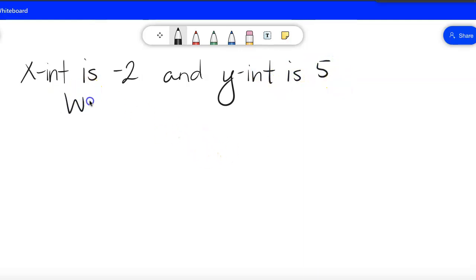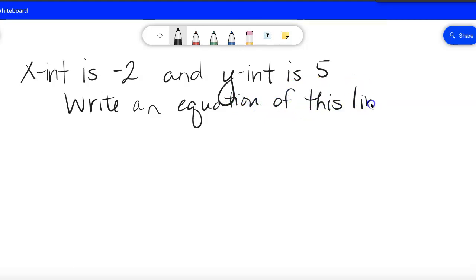Write an equation of this line. In my math lab, they were pretty specific about telling you which form they want, whichever the direction said. In this one, we're going to do slope-intercept.